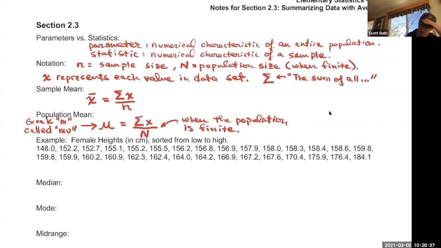And just maybe for context, mu tends to be unknown because populations are big. So we estimate it with X bar.